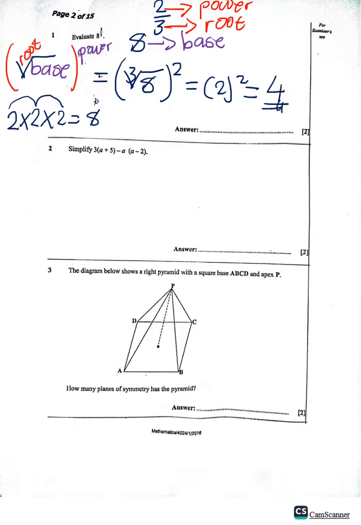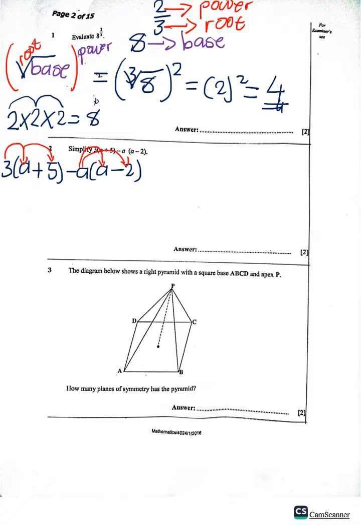Now let's go to question 2. Okay, so now here we are going to simplify by first expanding each bracket. And the way we should expand is the 3 will multiply with a, second will multiply by 5, negative a by positive a, then second by negative 2.